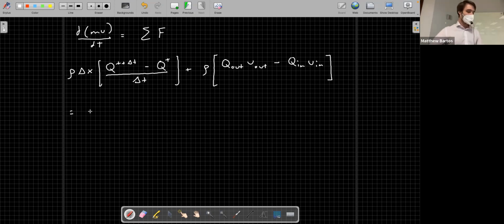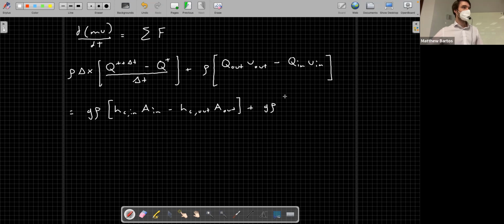So we have our hydrostatic force. That's going to be g times our density times h, our centroidal height at the upstream face, times the area at the upstream face, minus the centroidal height at the downstream face, times the area at the downstream face, plus our gravitational force.